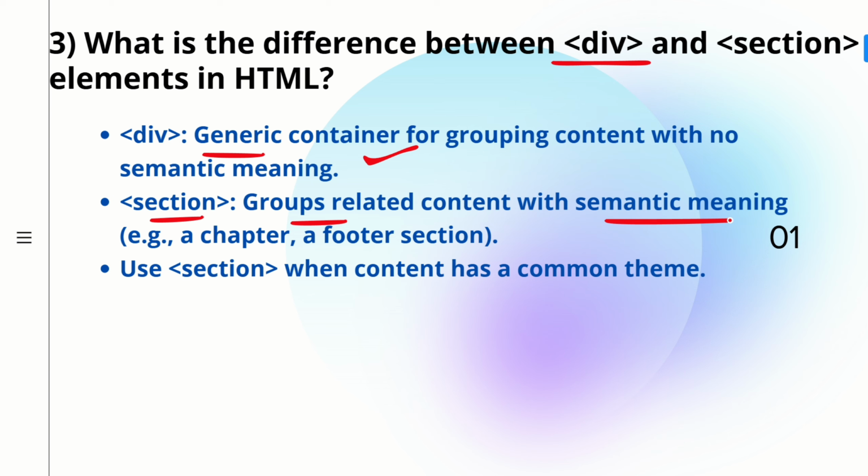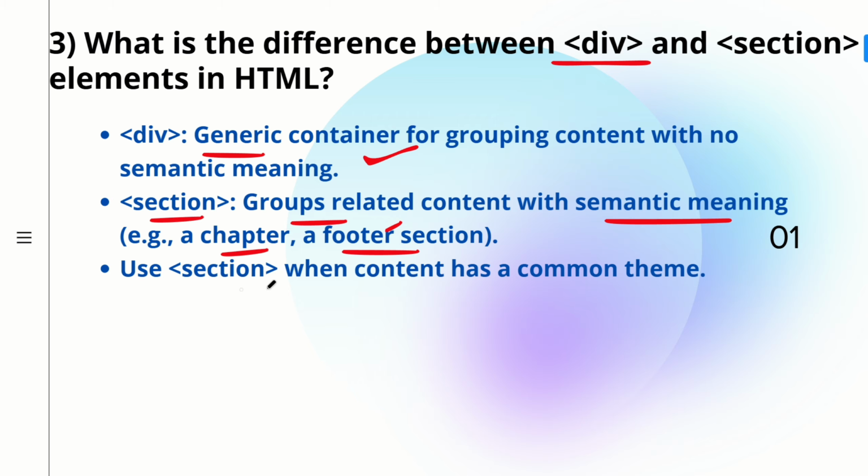So this is the difference between div and section. For example, we can have a chapter or a footer section. Other examples of semantic tags are these. So you can say div is a generic container, whereas section is a semantic tag which is useful for grouping related content.